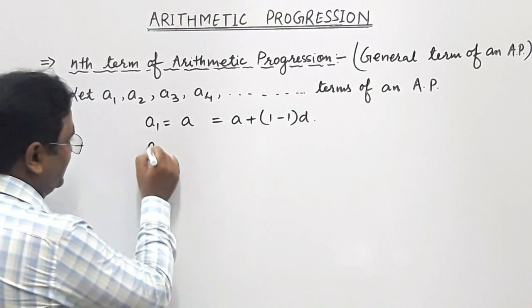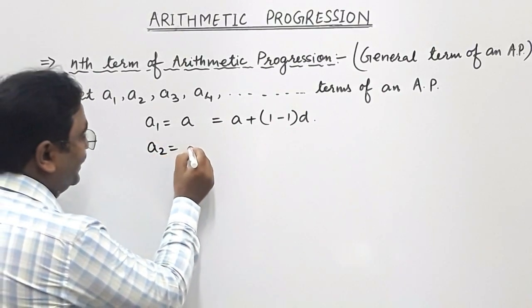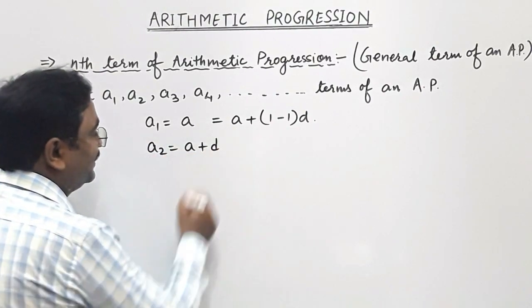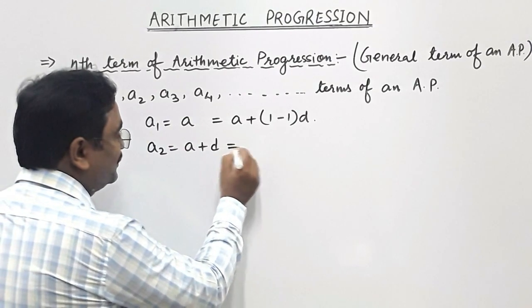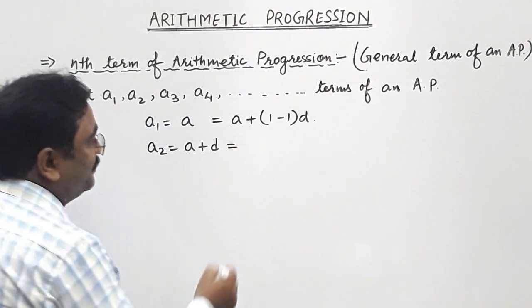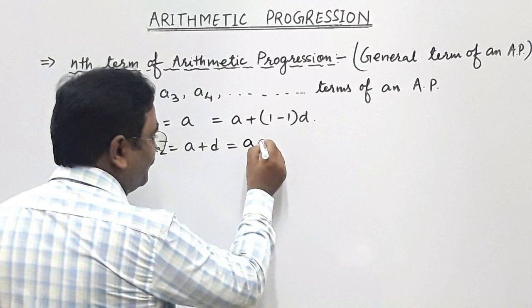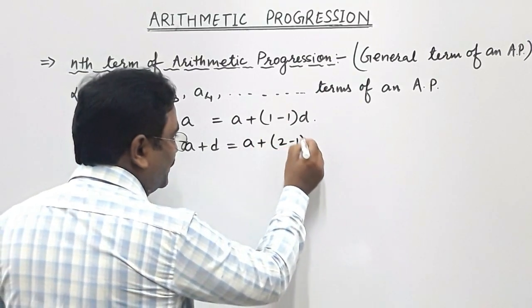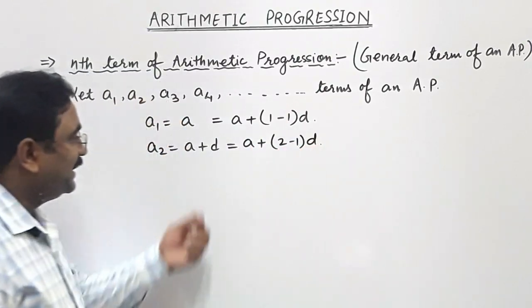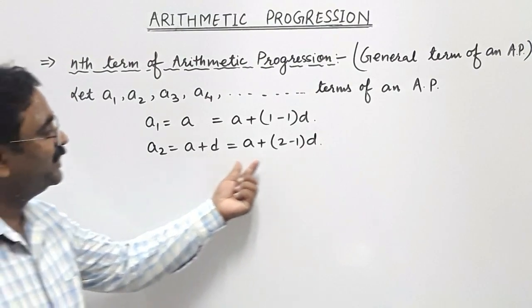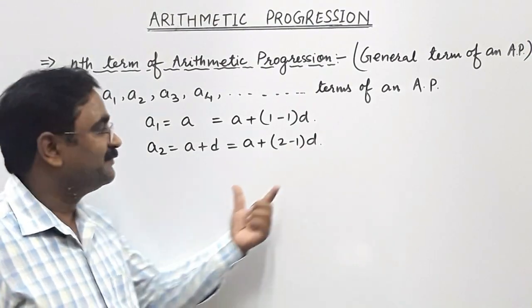Second term is written as a2, that can be written as a plus d, and this is also to be written as a plus 2 minus 1 into d.